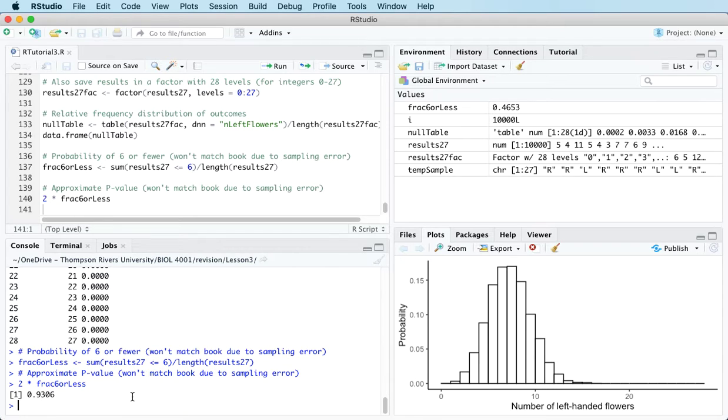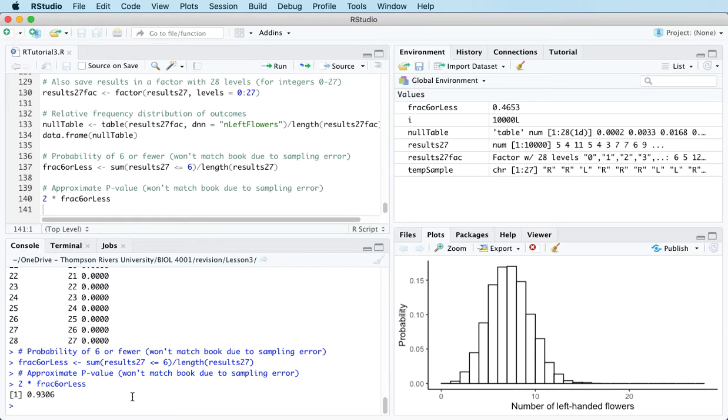So first of all, let's think about the toad example from the last video, where we ended up with a really small p-value. I think it was 0.03 something. It was smaller than the significance level 0.05, and so we rejected the null hypothesis in favor of the alternative. But what if that null hypothesis had been true?